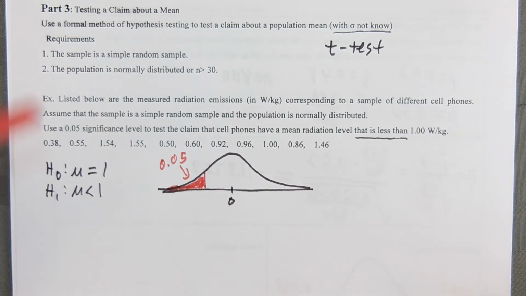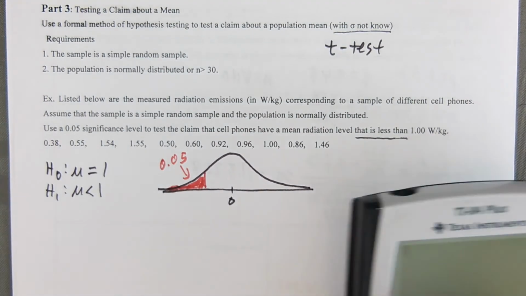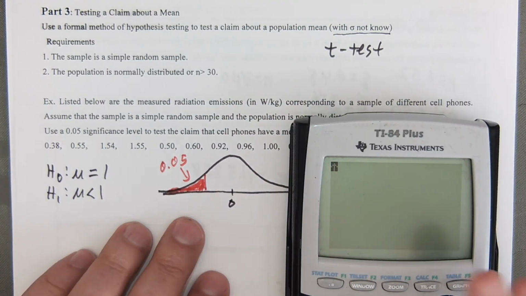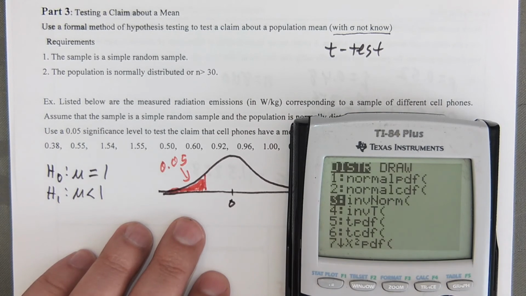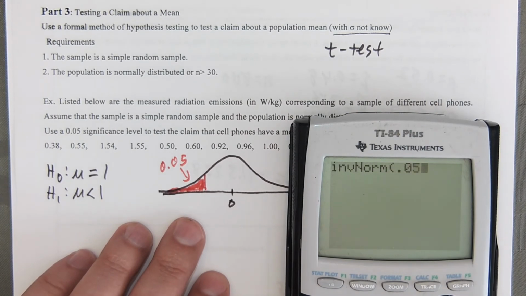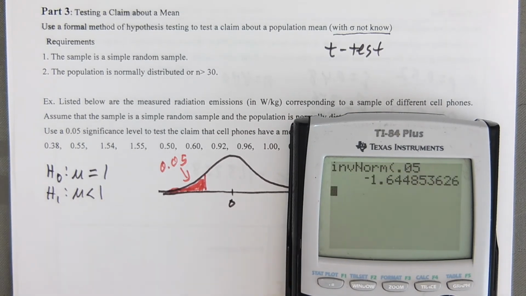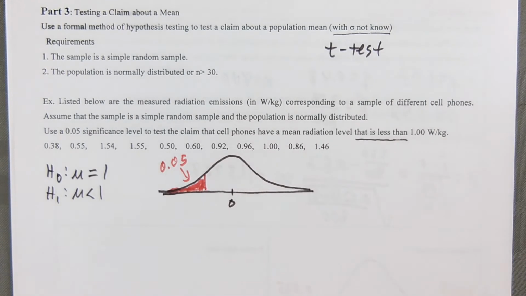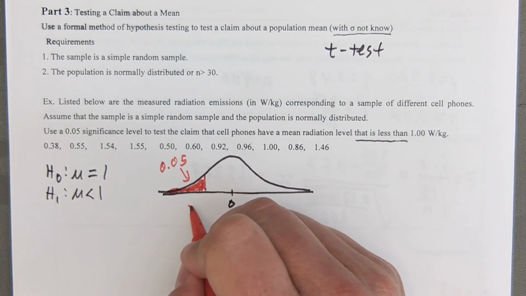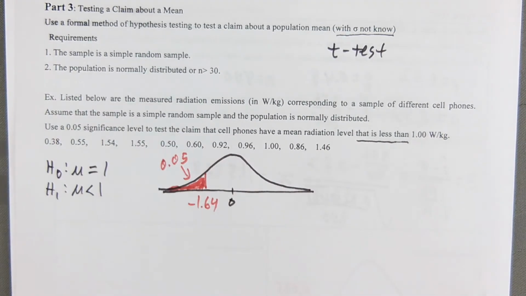And I'm going to figure out our critical value. So inverse norm, 0.05. Negative 1.64.